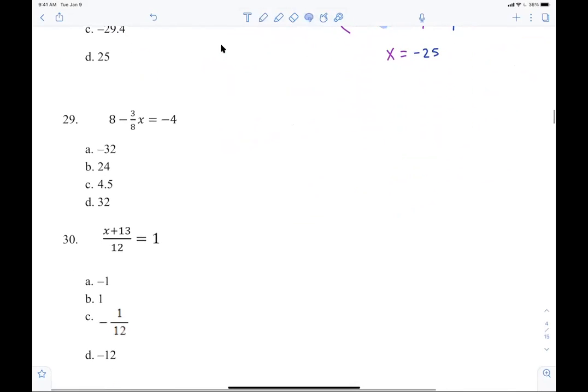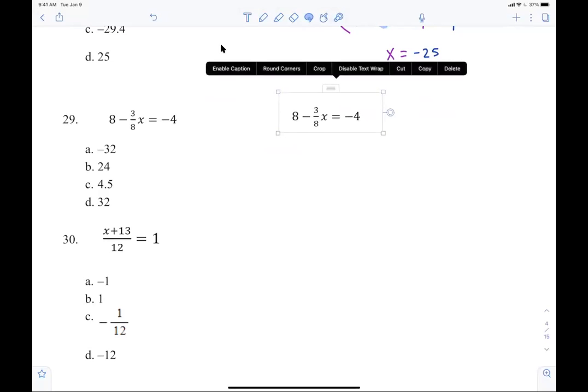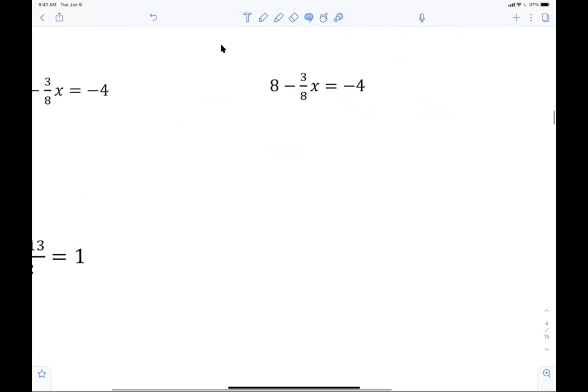Same kind of principle. Bring that over. Now what am I doing first? -8. Now again, that cancels. So now I have -3/8 x is equal to what? -12.